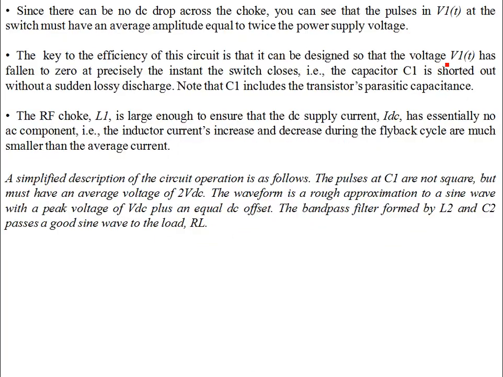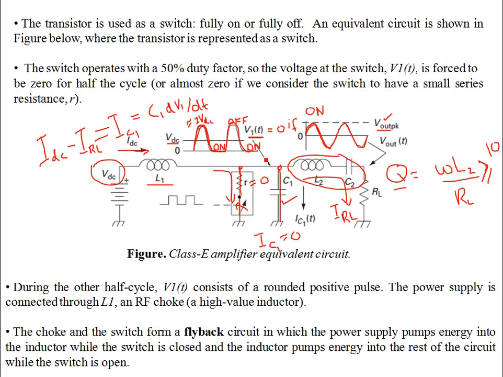So over here, you have this series circuit. This node voltage is V1t, and the current that is flowing in this series circuit is IRL. So the ratio of V1t to IRLt gives you the impedance Z seen looking into the RLC circuit, and that is equal to j omega L2 plus 1 over j omega C2 plus RL, right?